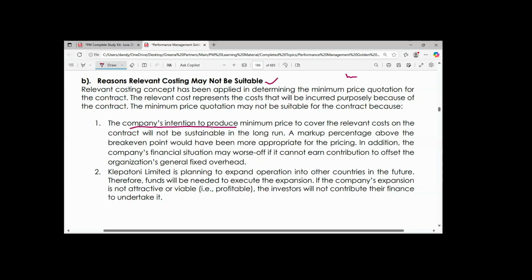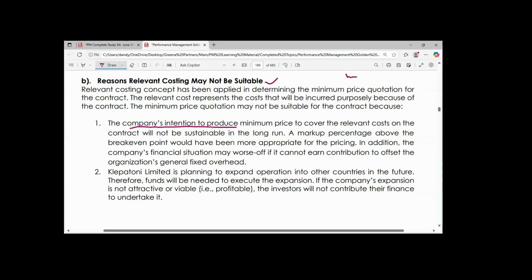Certainly, the company will surely incur fixed overhead. All right. So if the company's intention is that, okay, I just want to break even, as a company, then how would the company cover the other overheads, the general overheads that will be incurred? That's why it is only appropriate for the company to charge a markup percentage on the total relevant cost.